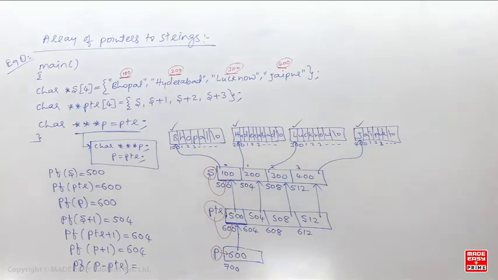Every element size is 4 bytes. Later you said 604. You are making a printing mistake too. Om Pratik, look, observe carefully.